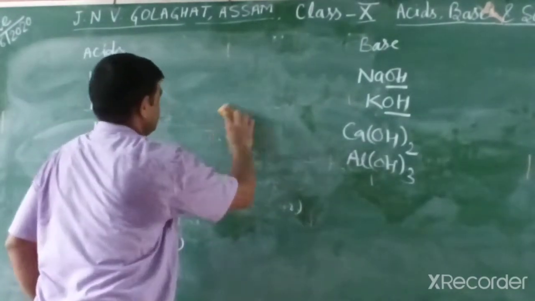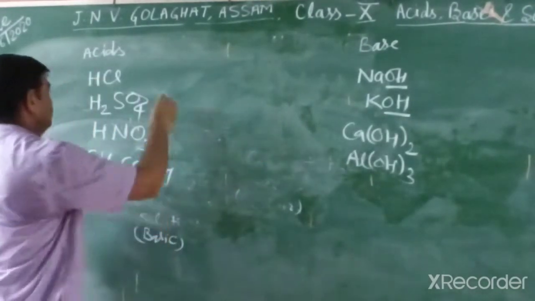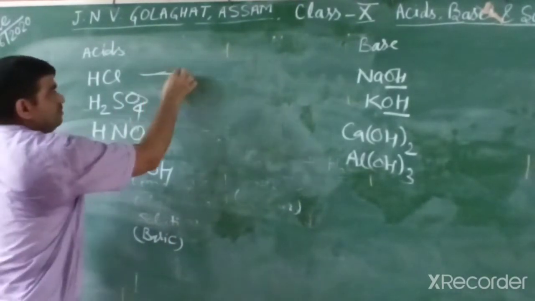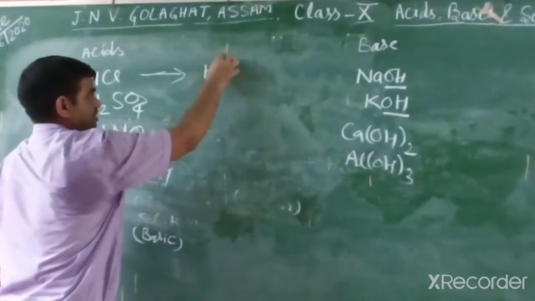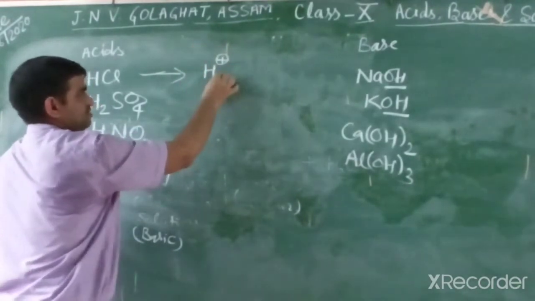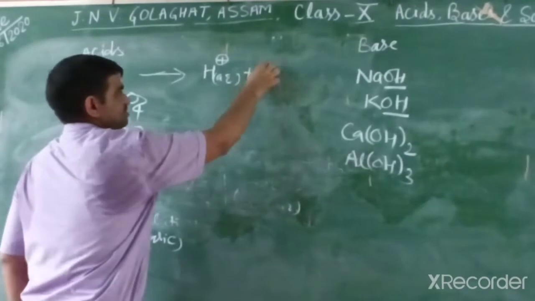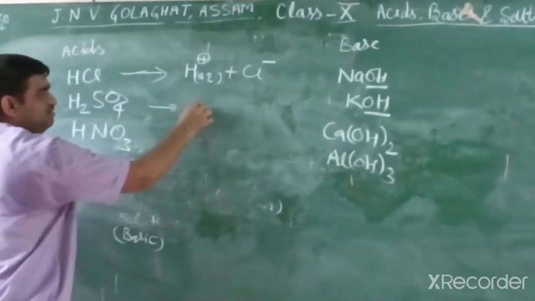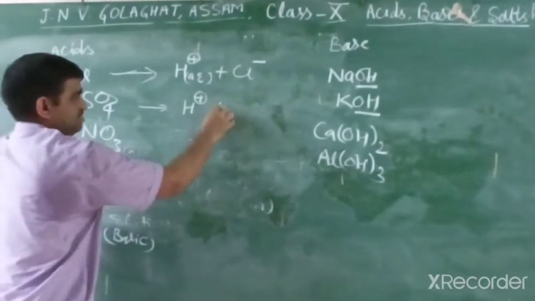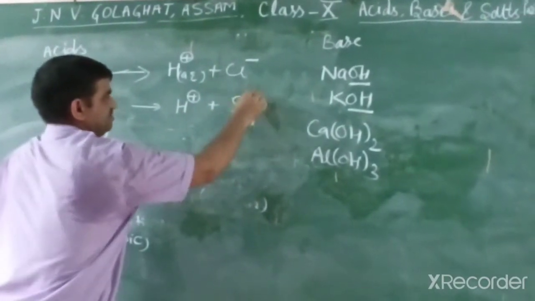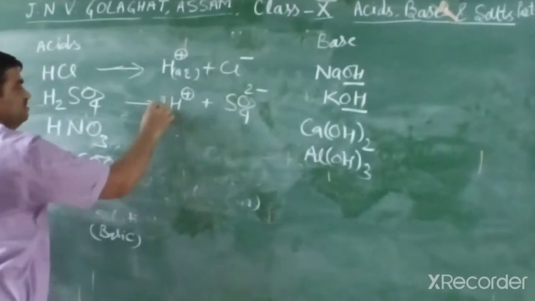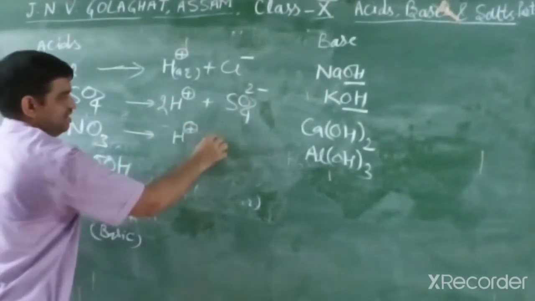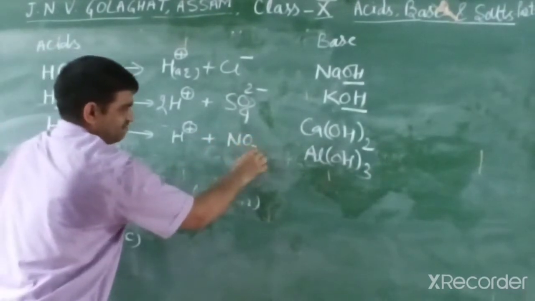So we can write how, when dissolved in water, HCl provides hydrogen ion, H+ aqueous, and chloride ion. Sulfuric acid provides hydrogen and sulfate ion like this. Nitric acid provides hydrogen and nitrate ion.